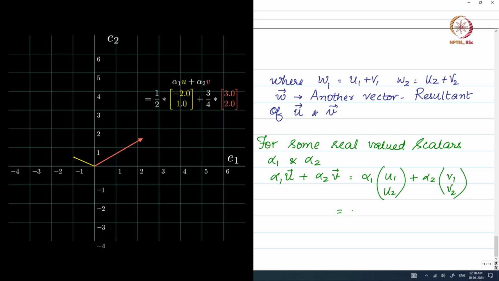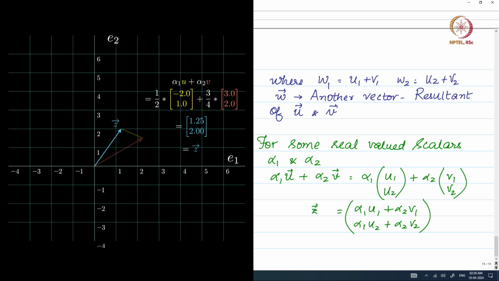That gives me (alpha 1 u1 plus alpha 2 v1, alpha 1 u2 plus alpha 2 v2), which is yet another vector. Let us call this vector z.